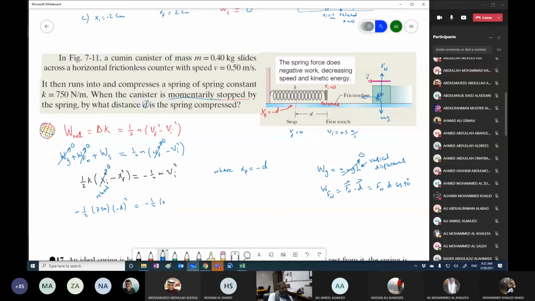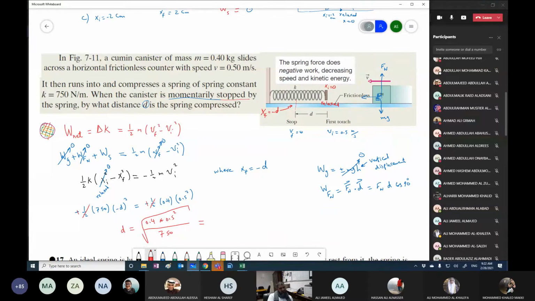How much is the mass? 0.4 kg. V initial is 0.5 meters per second, squared. Okay, so the minus will cancel with the minus, and also 1/2 cancels with the 1/2, and you will end up with d equals 0.4 multiplied by 0.5 square divided by 750, and all of this under the square root.